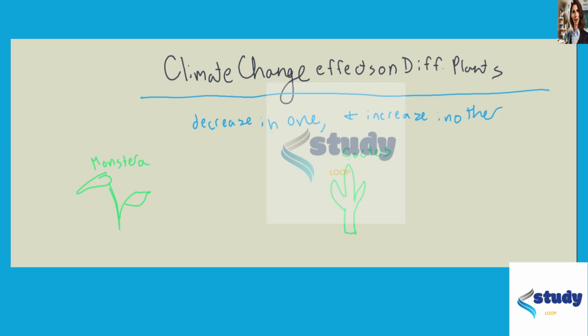So, this theoretical magical Monstera, let's say that climate change and everything has affected it, but it is not drought resistant.